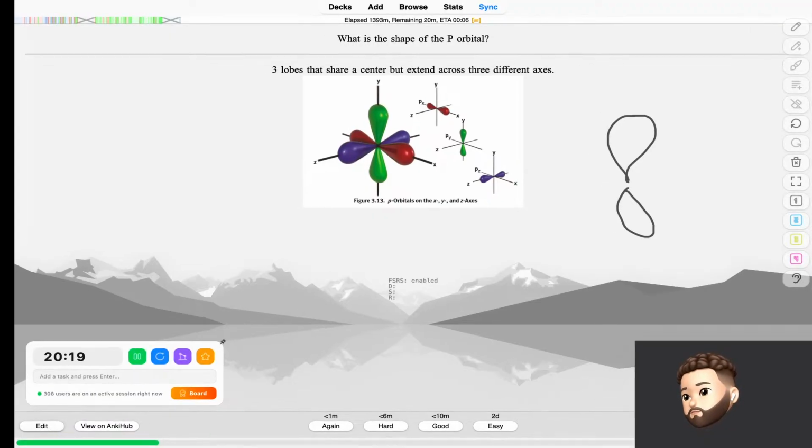It's two lobes. It's two lobes each. But you know what this sounds like to me? It sounds like a suspend.